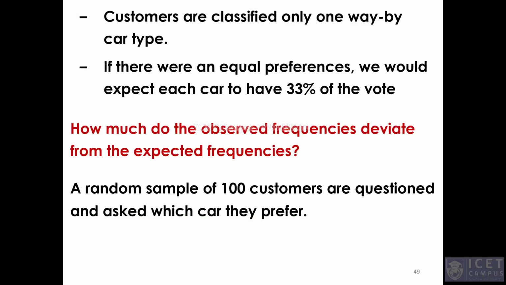If there were equal preferences, we would expect each car to have 33. How much do observed frequencies deviate from the expected frequencies?